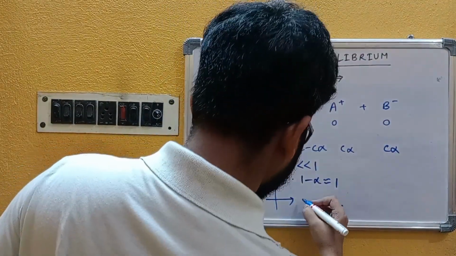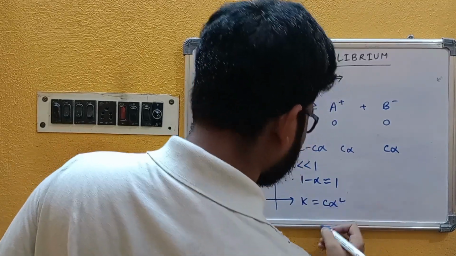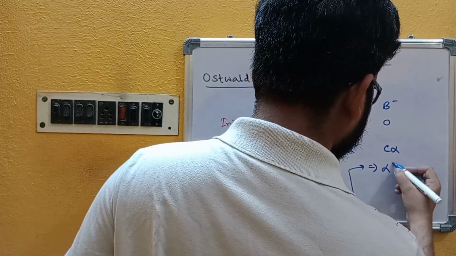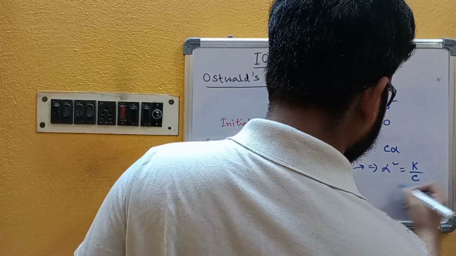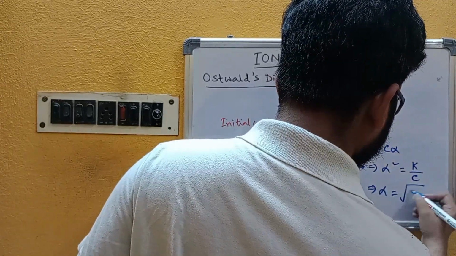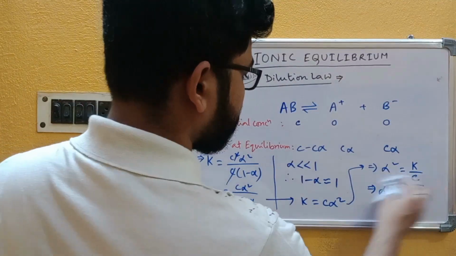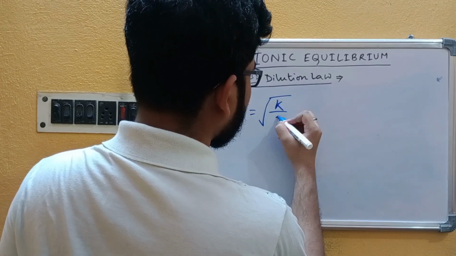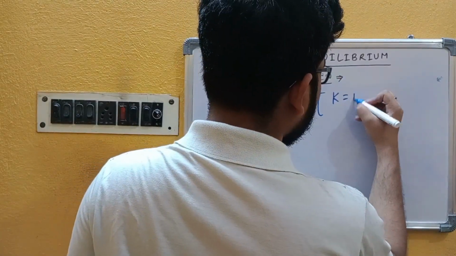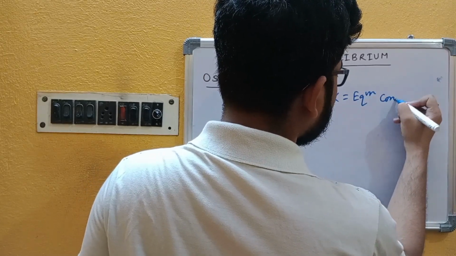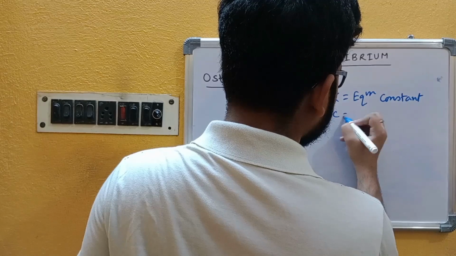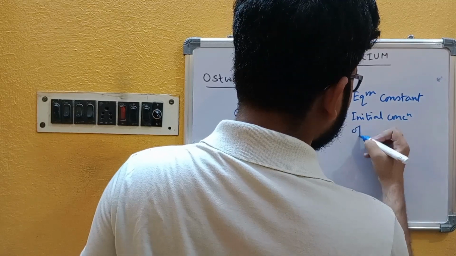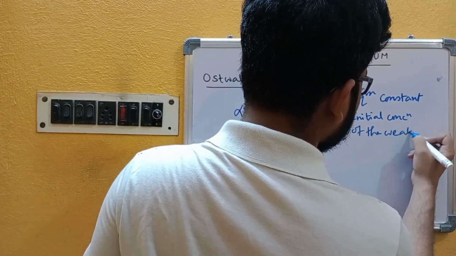Hence this equilibrium constant K will be C alpha square, or we can write alpha square is equal to K upon C, or alpha is equal to root over K by C. So from Ostwald dilution law we get that alpha is equal to root over K by C, where K is the equilibrium constant and C is the initial concentration of the weak electrolyte.